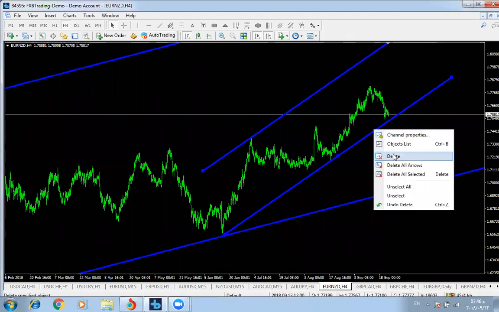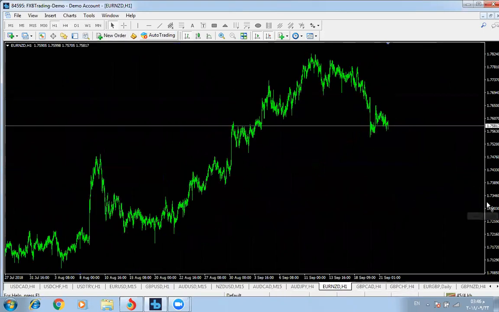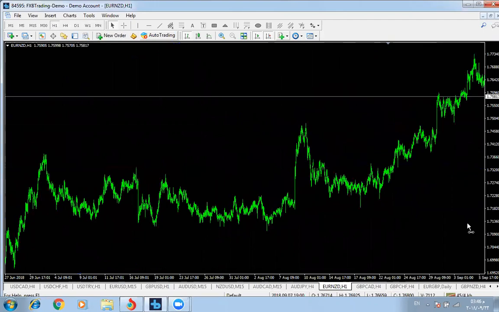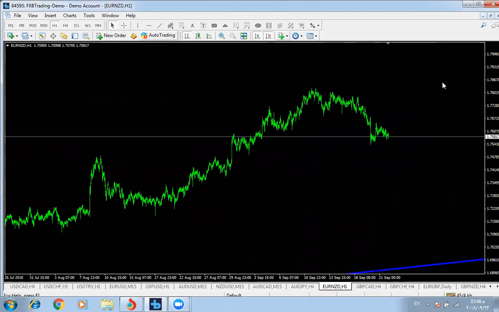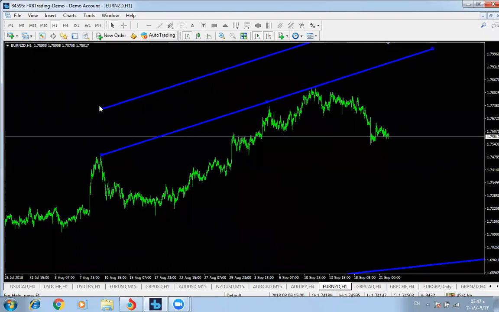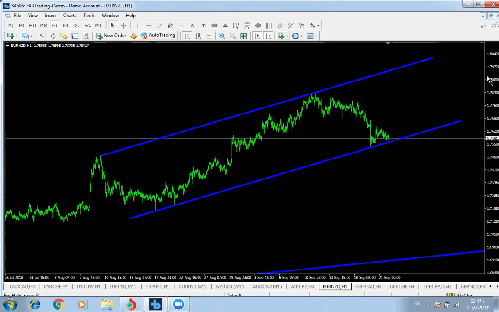I'll remove the channel. Okay, we go to the 1 hour time frame. We draw a channel from this high to this high, and the price is moving again within this channel.